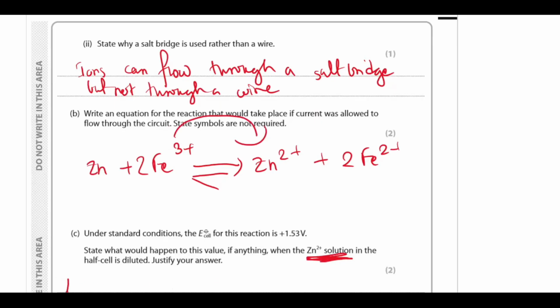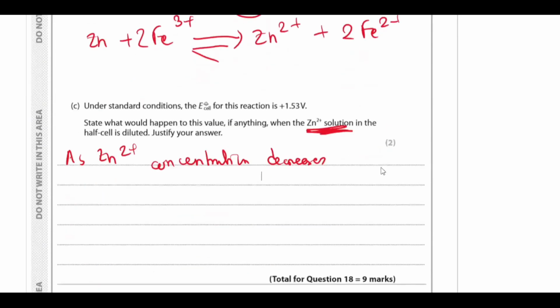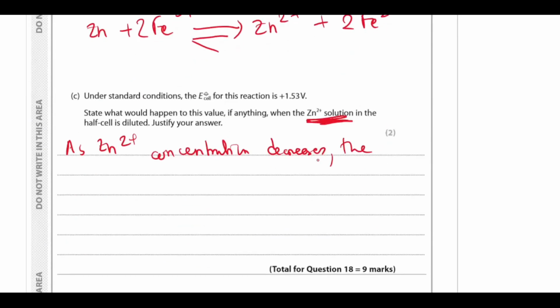So what's going to happen, we can write that as the Zn2+ concentration decreases, the equilibrium shifts towards the right. All right, so that's a fact.